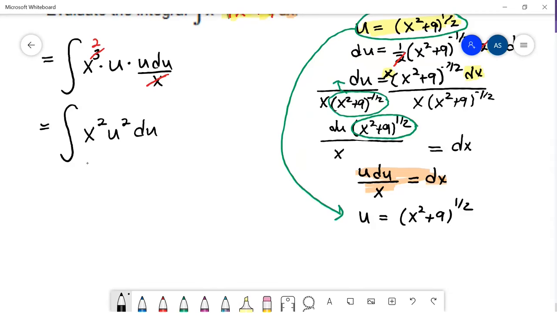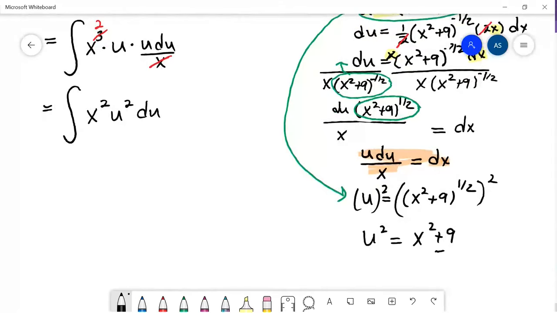So I'm going to get rid of this 1/2 power by squaring both sides. This is u squared equals, the square root, which is the 1/2 power, and the square are opposite operations. They cancel each other out. So I have x squared plus 9, and then I'll subtract 9 on both sides and have x squared equals u squared minus 9.